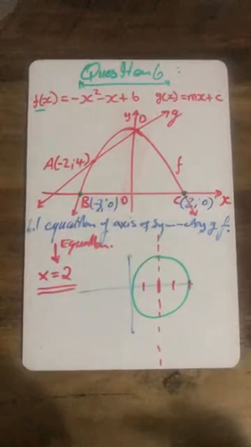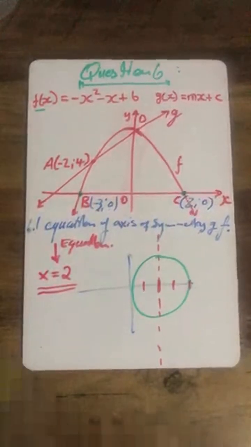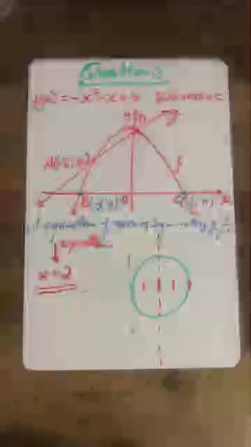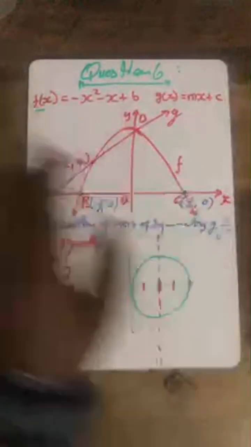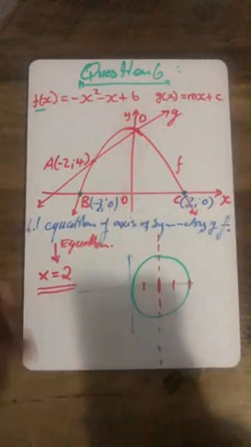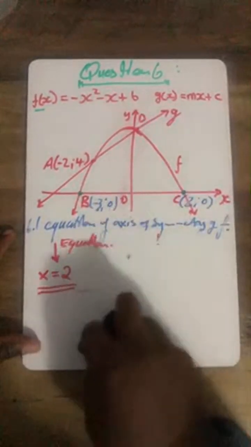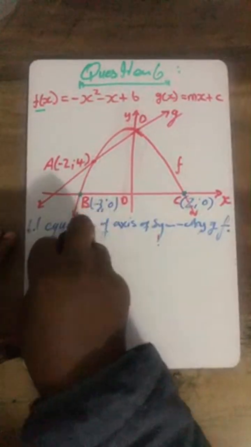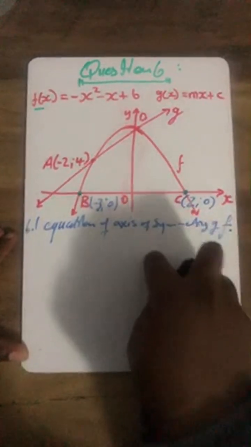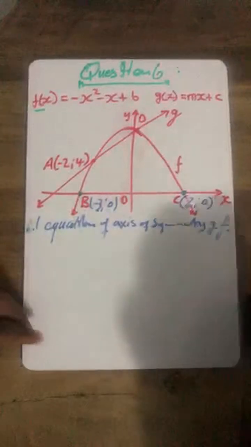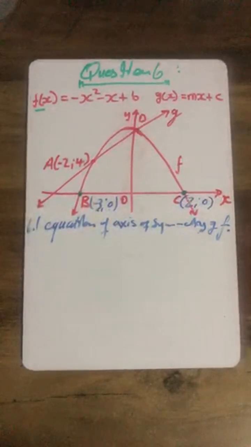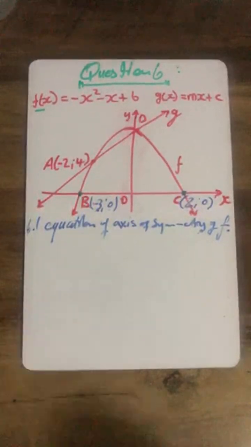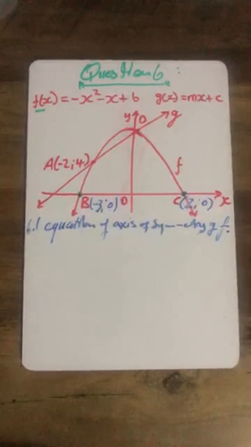So that means the examiner wants you to provide an equation. You must already know that whatever you provide has to have an equal sign. So when you look at that function f, where do you think the axis of symmetry will be? And how are you therefore going to represent it?